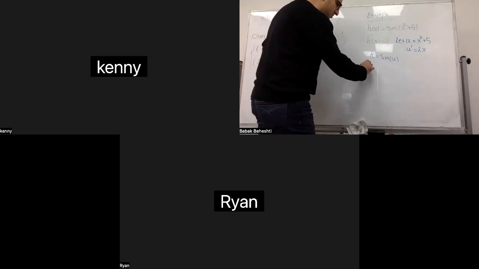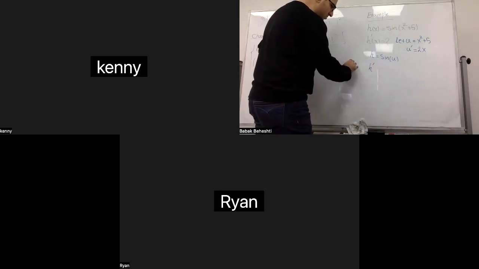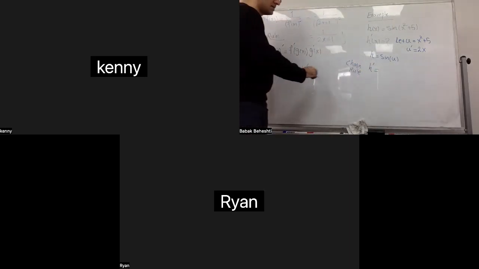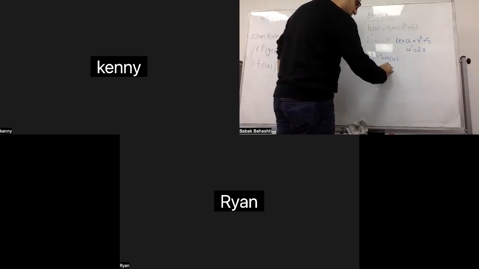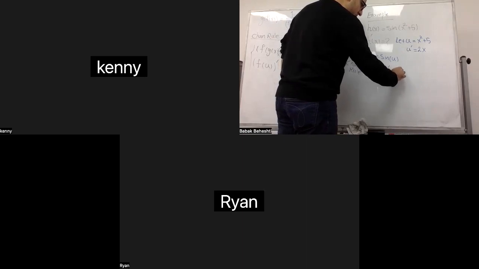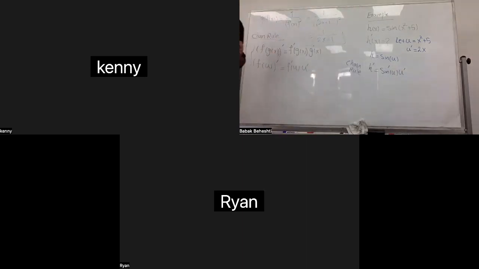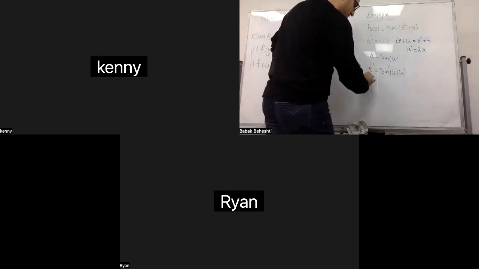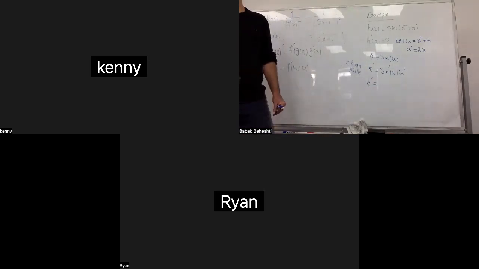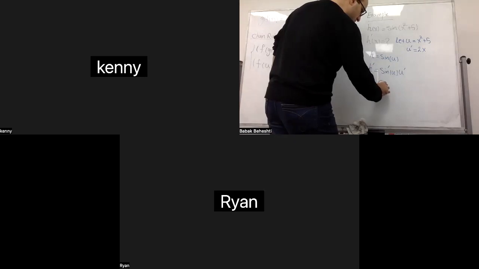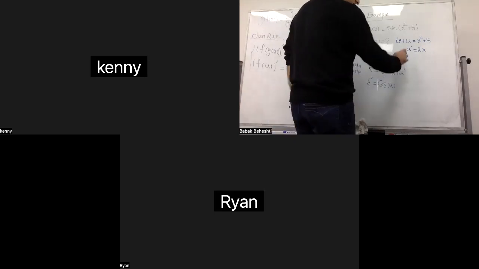According to the chain rule, h prime is the derivative of sine, sine prime of u, times u prime. Now, what is sine prime? Cosine. So it's cosine u times u prime.